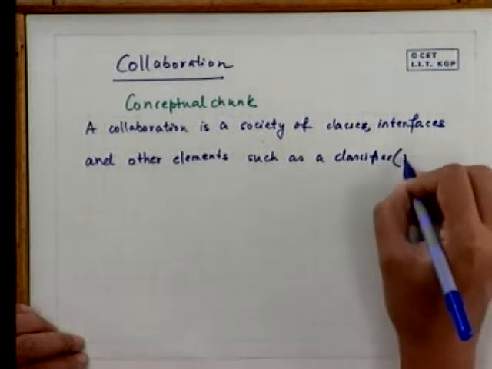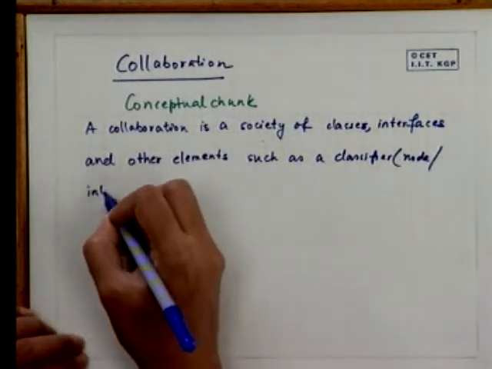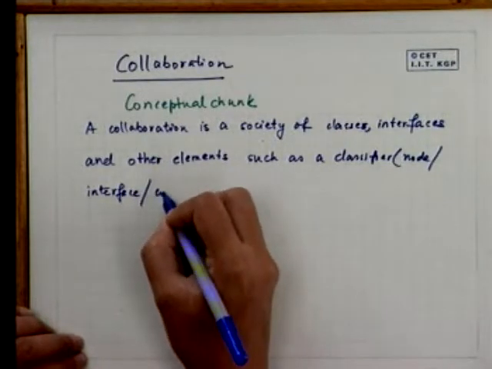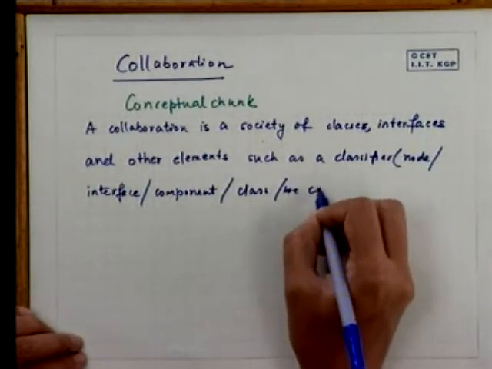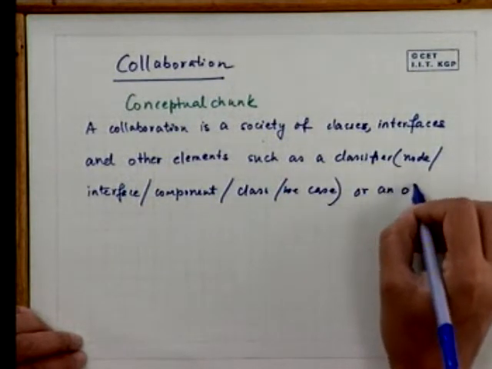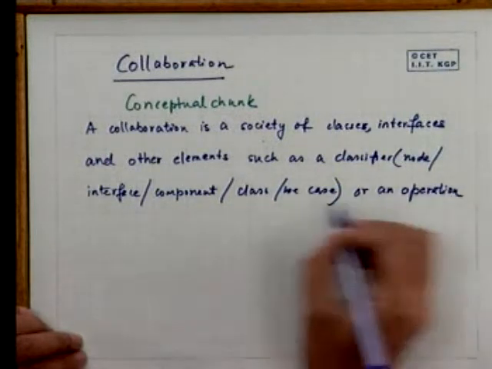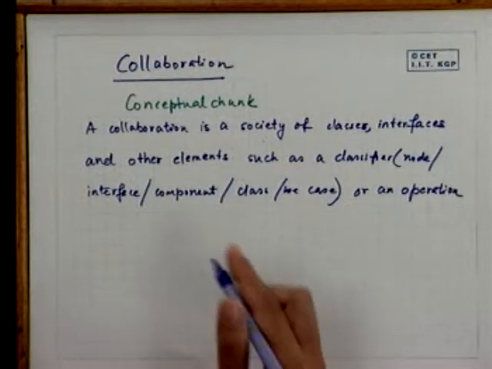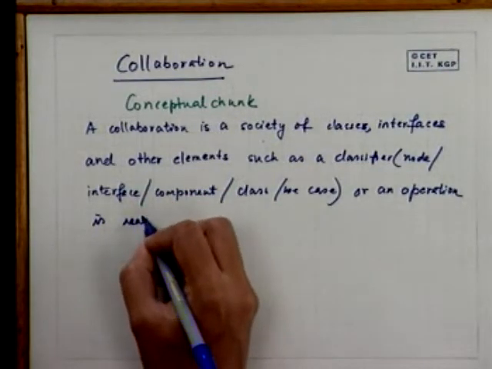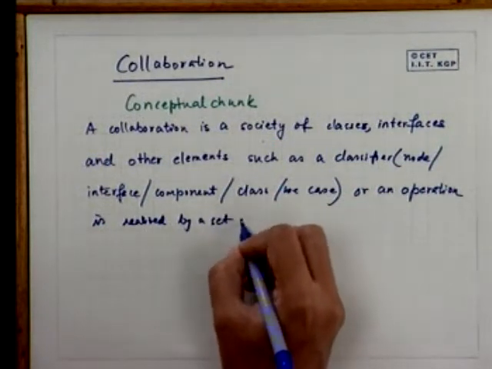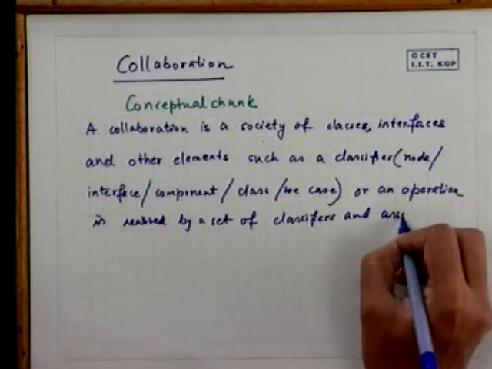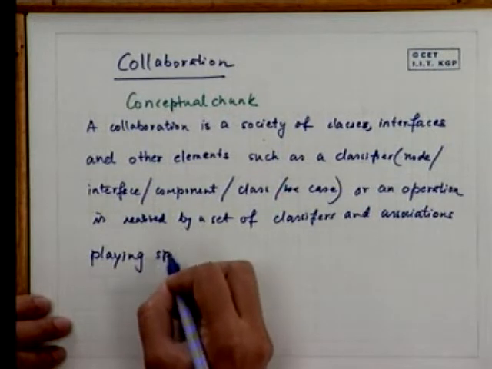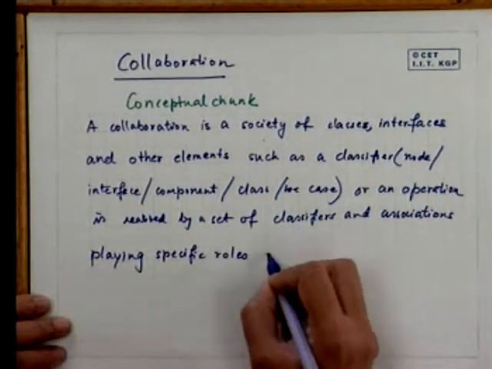Other elements such as a classifier or an operation. A classifier may include a node, an interface, a component, a class, or a use case, or an operation, and is realized by a set of classifiers and associations playing specific roles in a specific way.